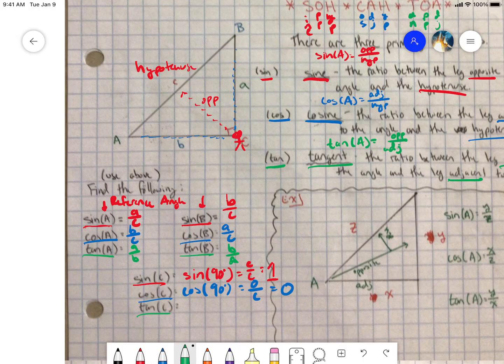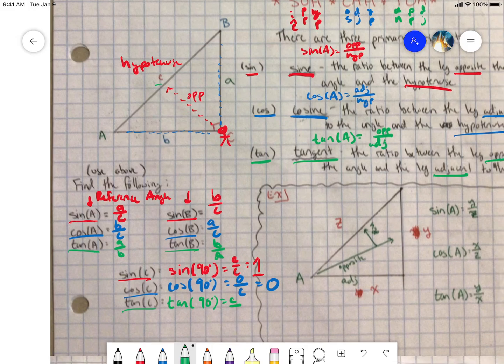Now tangent's even weirder. So tangent is opposite over adjacent. So tangent of 90 degrees is opposite, which in this case we said was C, over my adjacent side, which we just said was 0. So what's any number divided by 0?